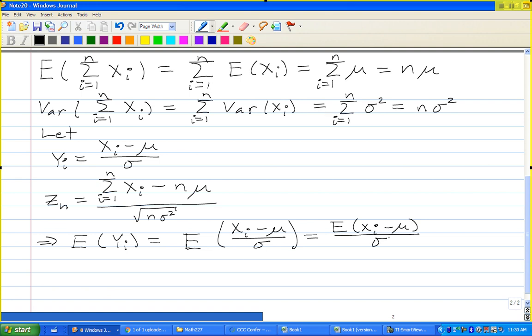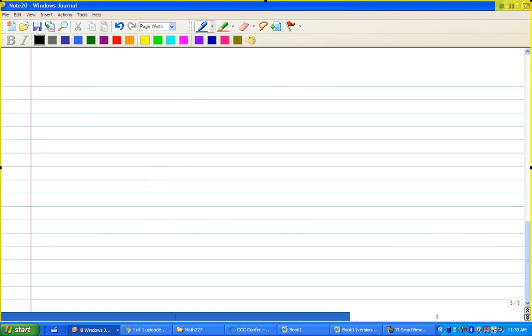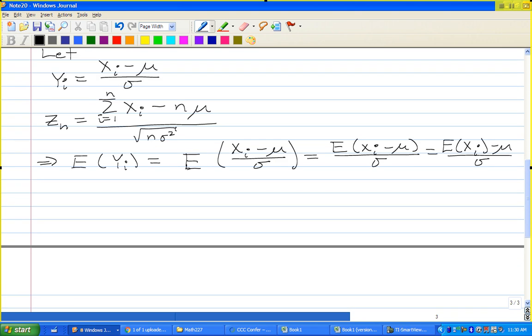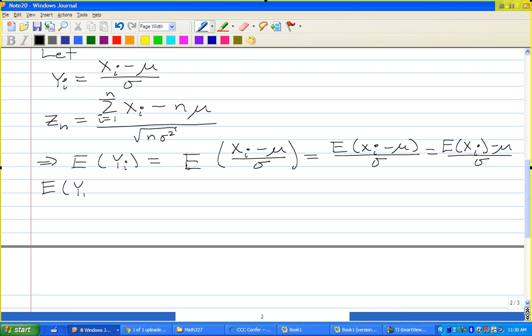Well, sigma is a constant, and mu is a constant, so that's just the expected value of xi minus mu over sigma, but the expected value of xi is just mu. And so the expected value of yi is 0.